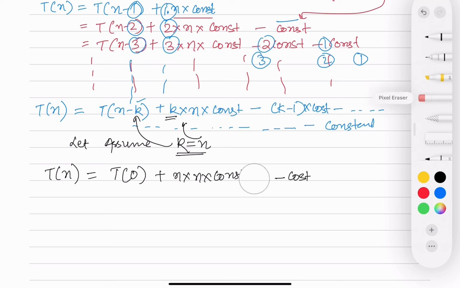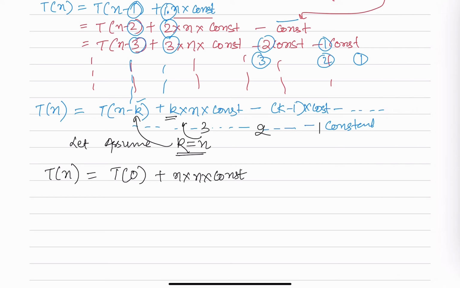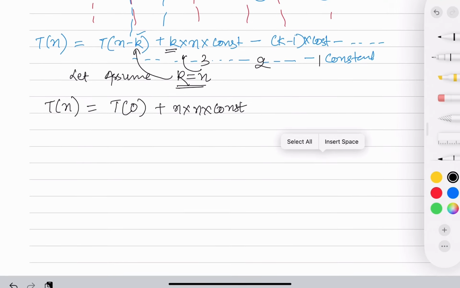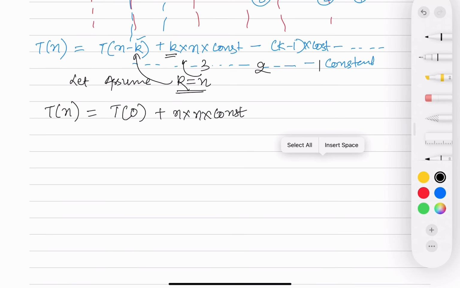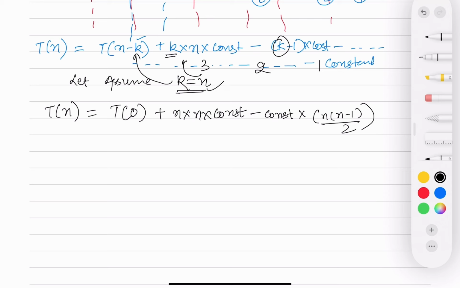Now this is nothing but 1, 2, 3, so on, up to k minus 1. So you will get n square into constant minus constant into n into (n minus 1) by 2. Because if you put n instead of k, it is following a pattern, the sum of n natural numbers. So I have taken minus constant as common.